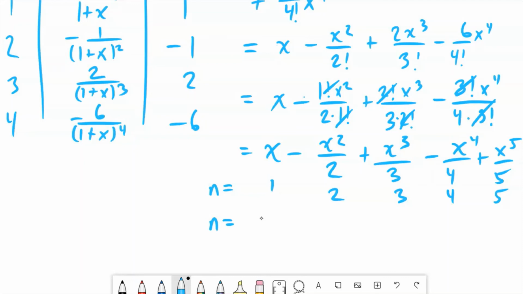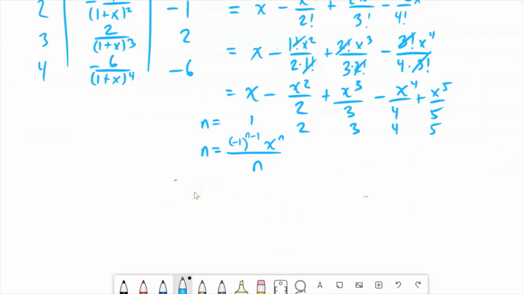So what is the nth term? Because of this rule that I made, it's going to alternate. It's going to be negative 1 to the n minus 1 because of that rule that I implemented. If we plug in n equals 1 here, it's going to be 0, it's going to be even. If I plug in 2, it's going to be odd, so it's going to be negative, and that is represented by that n minus 1 factor. And then it's just x to the n divided by n.